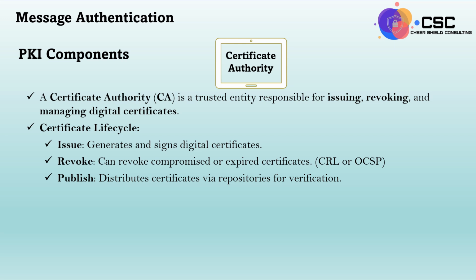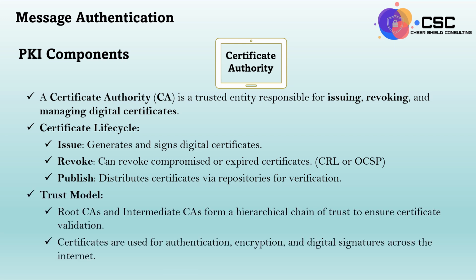A hierarchical chain of trust ensures that the certificates are reliable. At the top we have root certificate authorities, which are the ultimate trust anchors. Below them, intermediate certificate authorities issue certificates on behalf of the root, ensuring scalability and security.